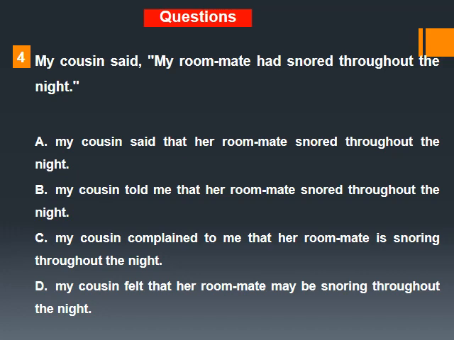My cousin complained to me that her roommate is snoring throughout the night. My cousin felt that her roommate may be snoring throughout the night. So you can see option C and D, "may be snoring" or "is snoring", that's not right, because in the direct speech it is already said that the roommate had snored. So snoring is not the right form of the verb. So C and D are taken out.